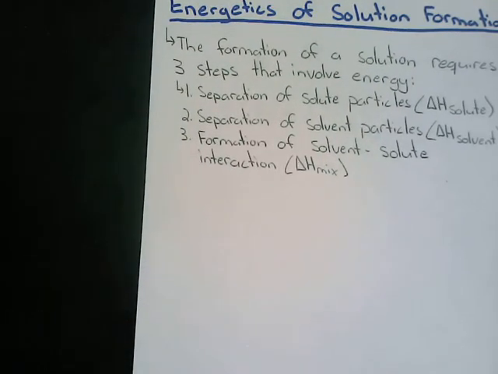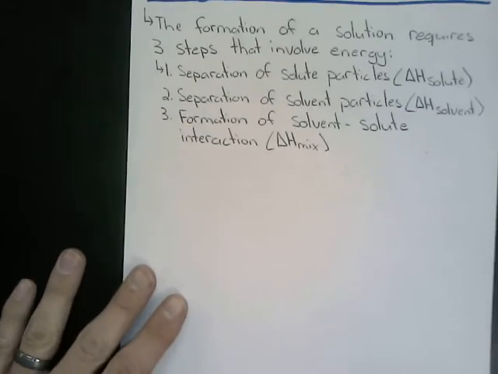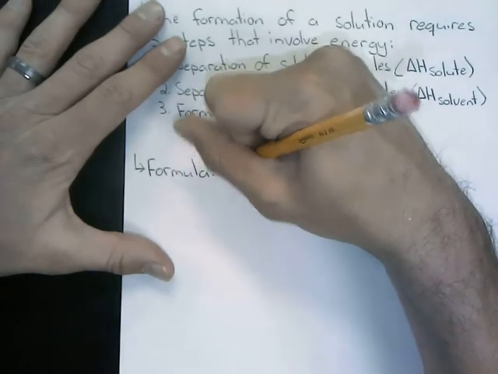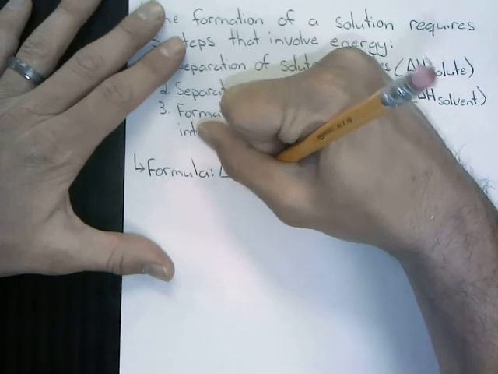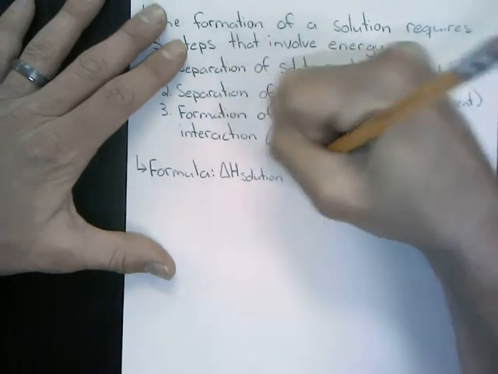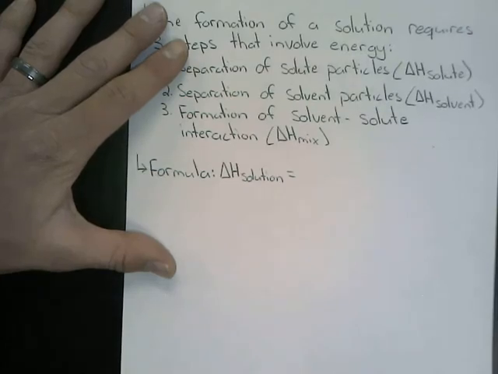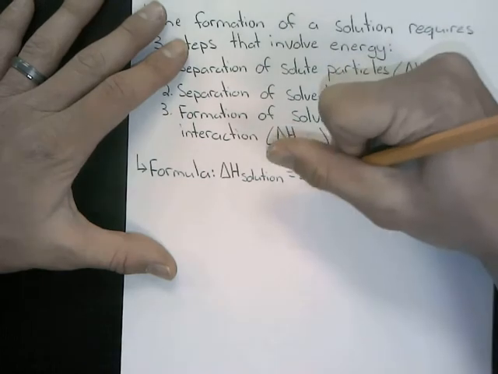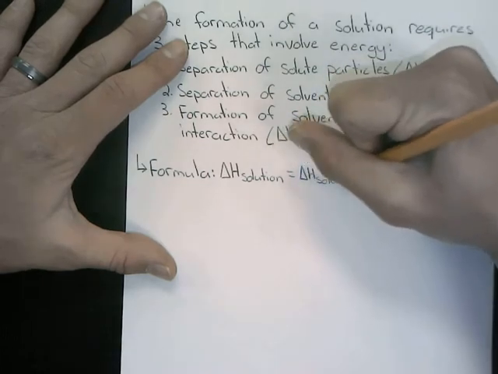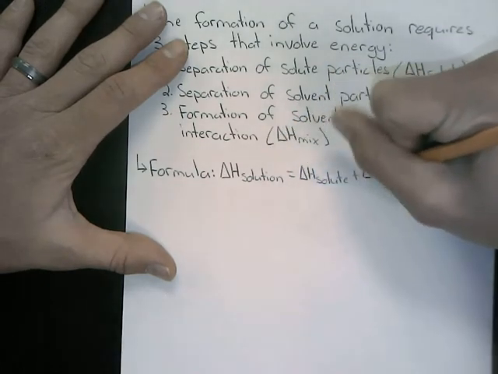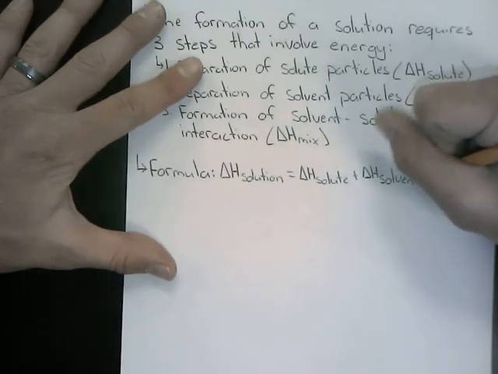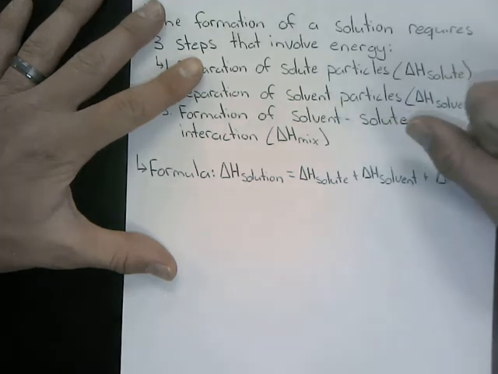Now, this does have a formula to go along with this process. And that formula is the change of enthalpy of the solution is equal to the change of enthalpy for the solute plus the change of enthalpy for the solvent plus the change of enthalpy for the mixture.